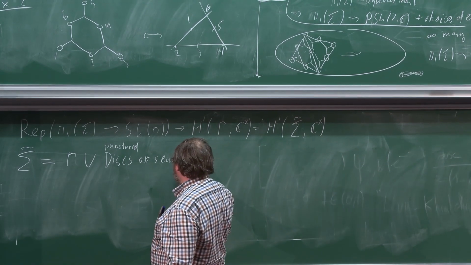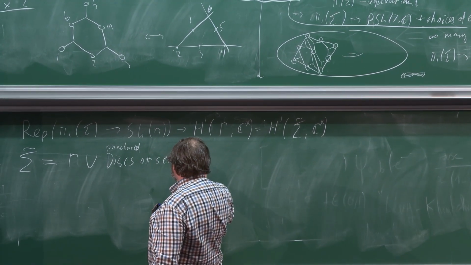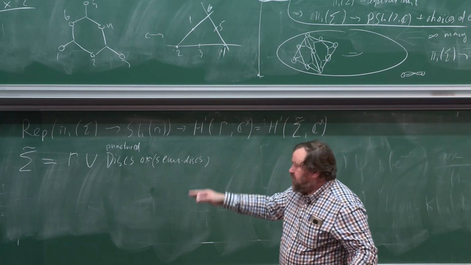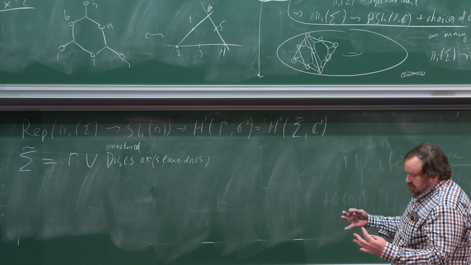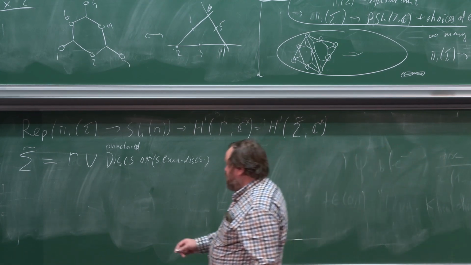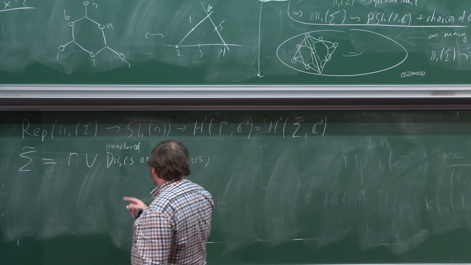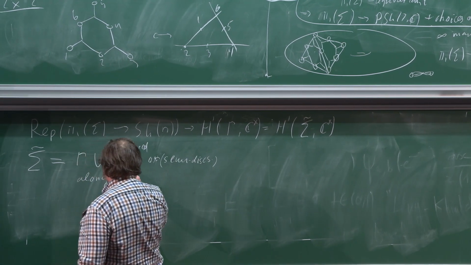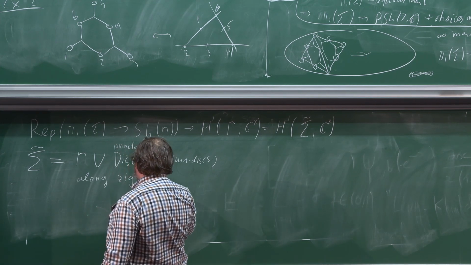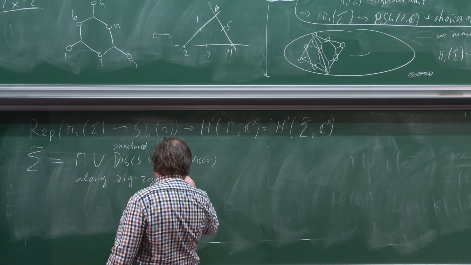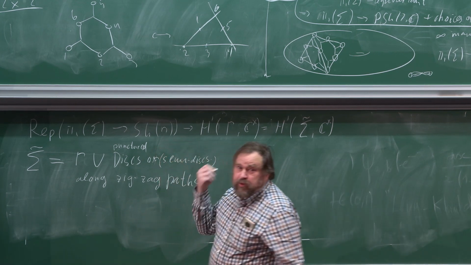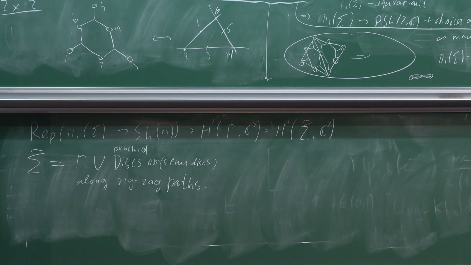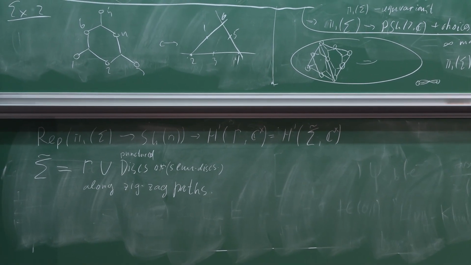Another way to view the same thing, you just take the surface and glue the disks or semi-disks, depending on whether you are on the infinite plane or on a finite set, along zigzag paths. And those are exactly the paths which Lorin explained, if you turn right at every white and left at every black.